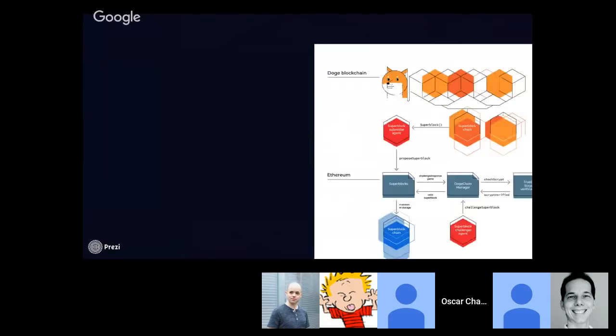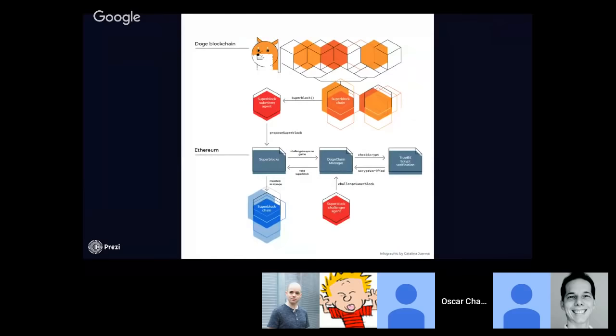So let's see how it works. Anybody can send a superblock, or propose a superblock, to the contract, and the contract will build its copy of the super blockchain. If I say that anyone can submit a superblock, that also means that anyone can submit an invalid superblock. And the contract does not have any immediate way to verify that.